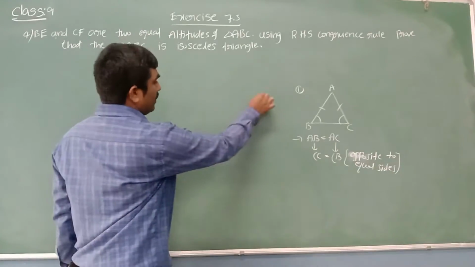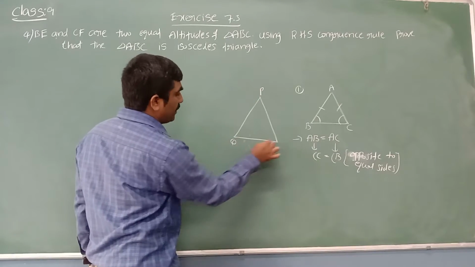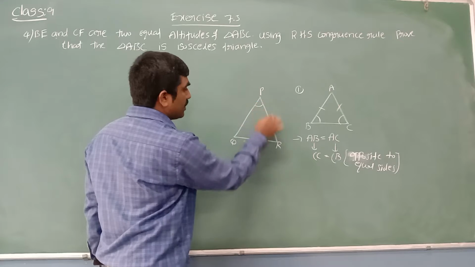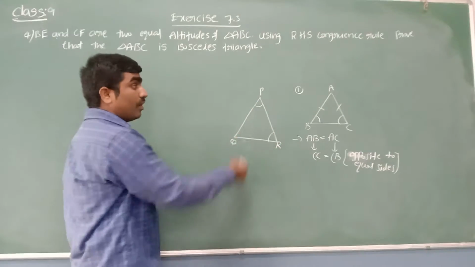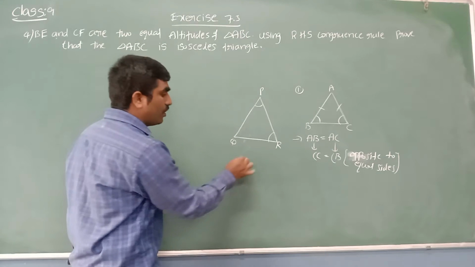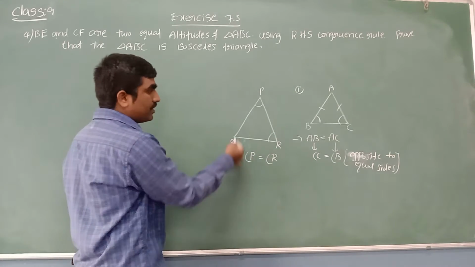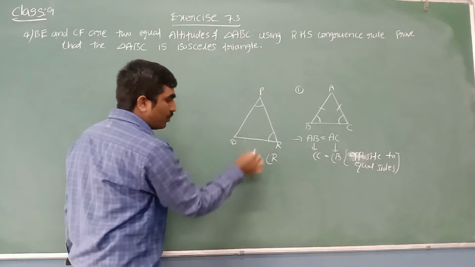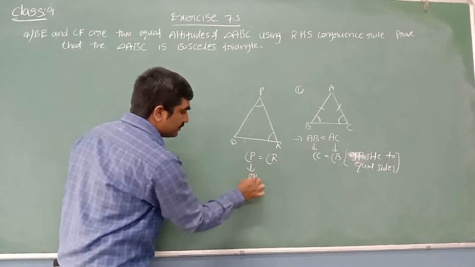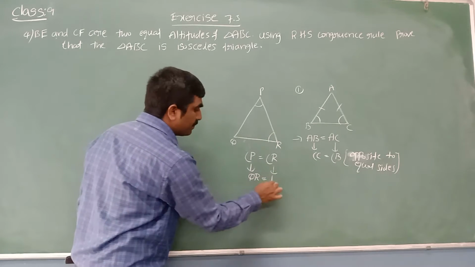And also we learned in a triangle, similarly, let me take one triangle PQR. Here you can see angle P is equal to angle R. When two angles are equal, their opposite sides are also equal. Tell me, what is the opposite side of angle P? QR. What is the opposite side of angle R?